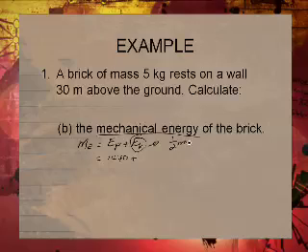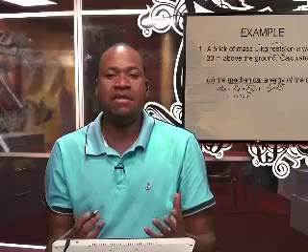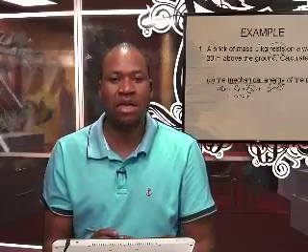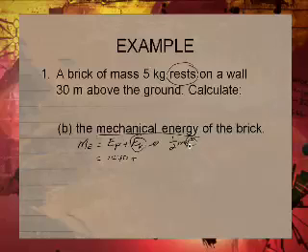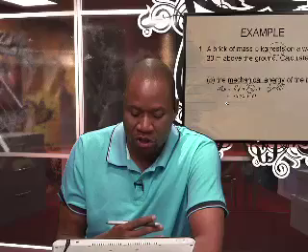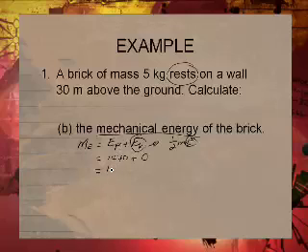Remember, EK is half mv squared, but we are told that this brick rests on a wall. If something is resting, it means it's not moving, and therefore V is 0. If V is 0, it means your kinetic energy is 0, because that is the energy of motion, EK. So the total mechanical energy of the brick is equal to 1,470 as well.